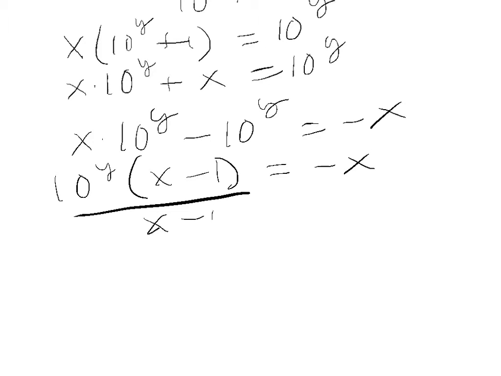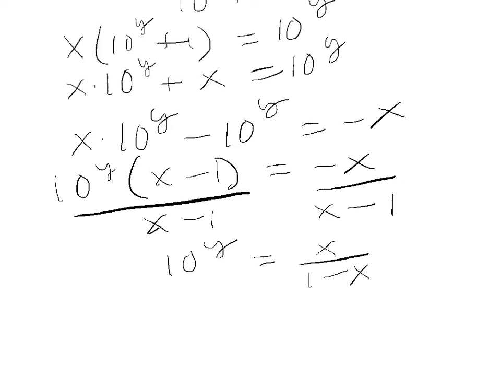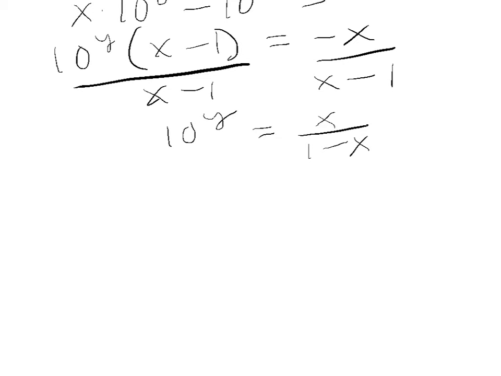Divide by x minus 1, both sides. So we have 10 to the y equals, now I'm going to put this negative in the other side, so 10 to the y would equal x over 1 minus x. And this is an exponential form, and I want to put it into logarithmic form.